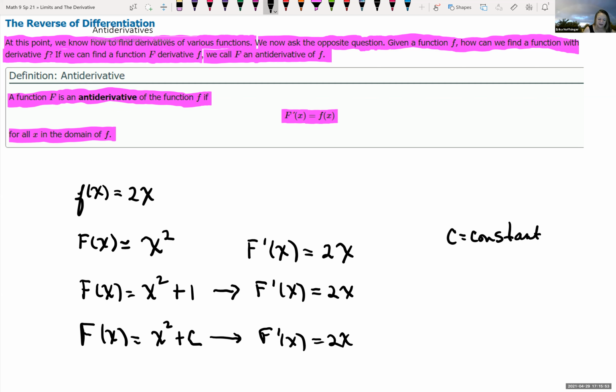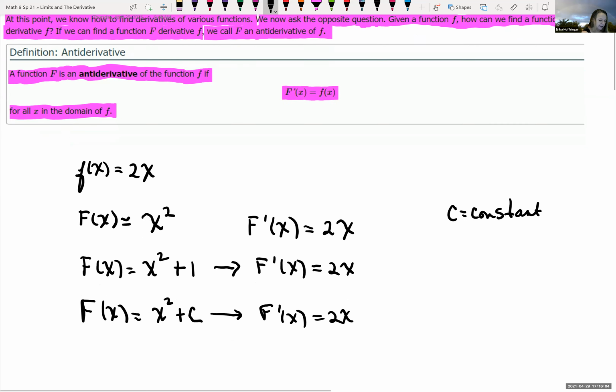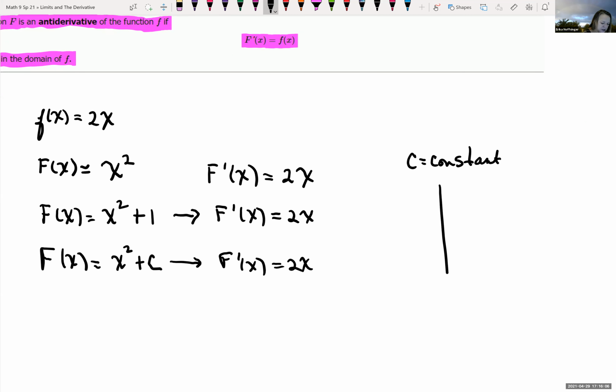Why is that? Let's think again about what a derivative is. When we take a derivative, we're looking at the slope of that function.